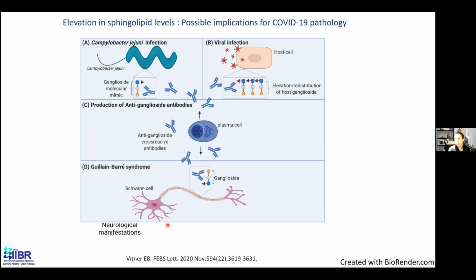Because as I showed you in the mice, also mice that didn't have any symptoms, like a human that doesn't even know that he was sick or got infected, even so they have an increase in sphingolipids. And if this, and I'm saying if because we're now checking this, is enough to lead to generation of antiganglioside antibodies, it might explain this.